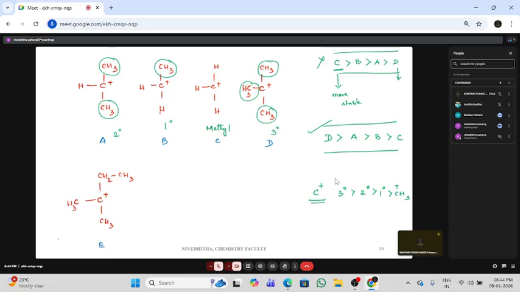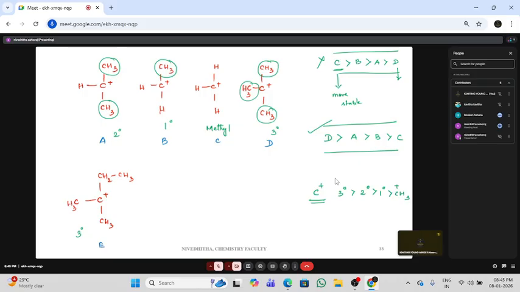Now we have to decide between D and E, which is most stable, because both are tertiary. Whenever both species are tertiary, both secondary, or both primary, we cannot decide the stability using the inductive effect. So whenever you get this kind of confusion, check the number of alpha hydrogens. If the number of alpha hydrogens is more, then stability is also more.